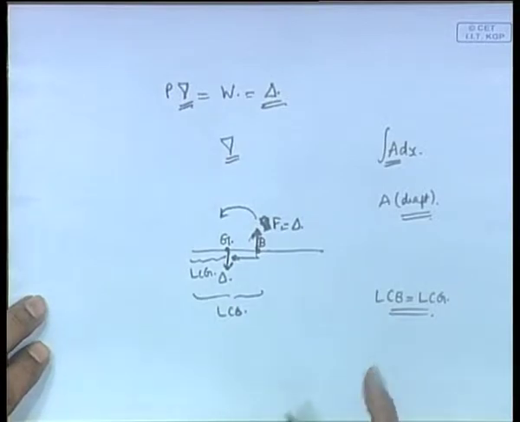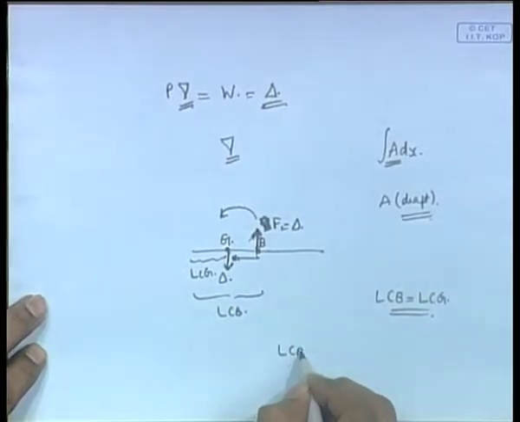This is the next condition in the computation of stability. First, we make the weight equal to buoyancy. Number 2, we make LCB equal to LCG. Now, we have the final position of the ship. The only problem here is probably in finding LCB. You know how to find LCB. The center of buoyancy is the moment of the volume divided by the volume.